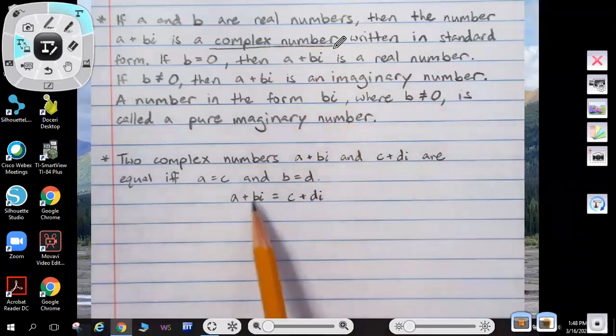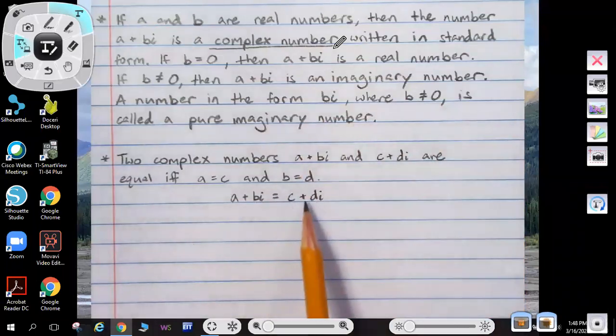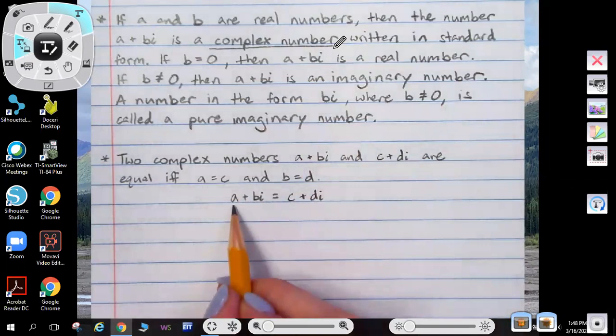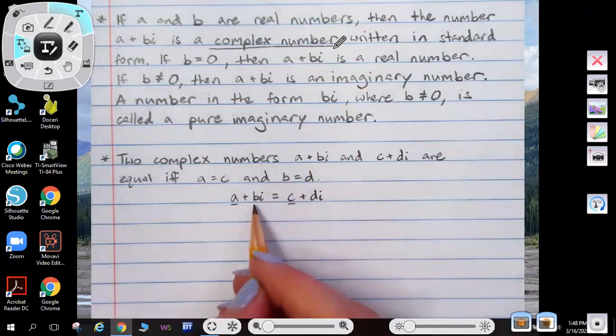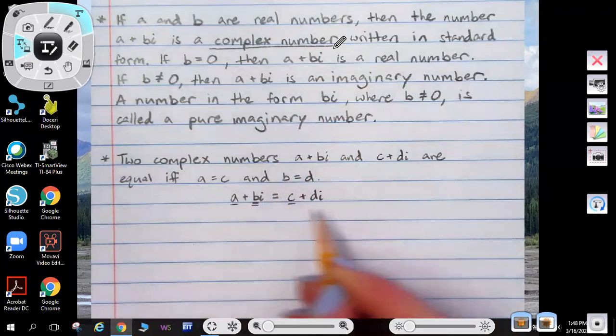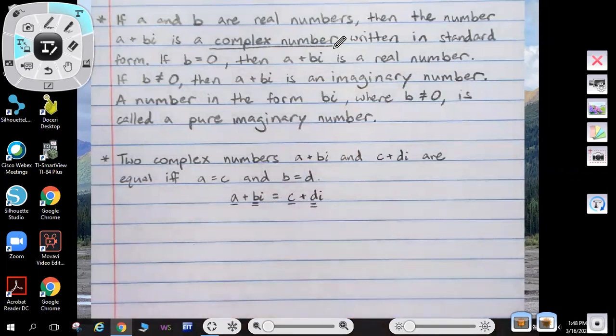So a plus bi set equal to c plus di. What we're saying is the real parts, a and c, have to be the same, and the imaginary parts, b and d, have to be the same in order for those two complex numbers to be equal.